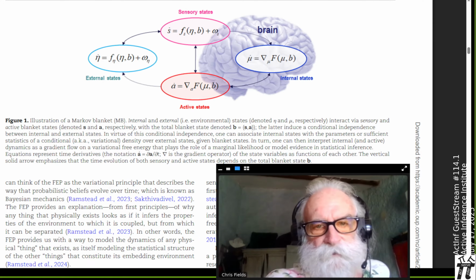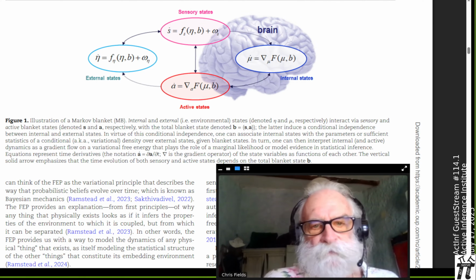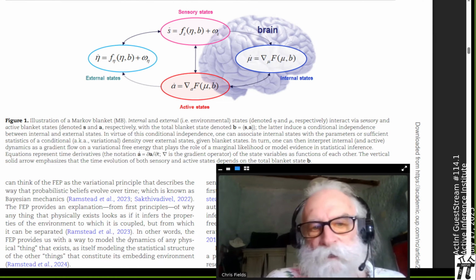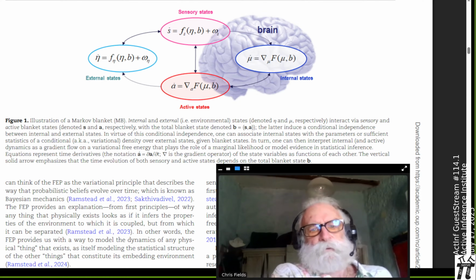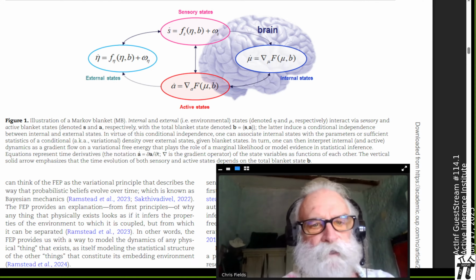From the environment's point of view, the system's actions are its sensations, and the environment's actions are the system's sensations. So it's all a completely symmetric system with this Markov blanket boundary in between that encodes the information exchange from one to another.